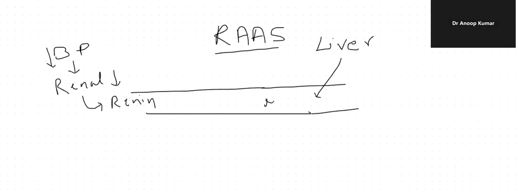So this angiotensinogen is a plasma protein, right? So what happens? This renin converts this angiotensinogen.